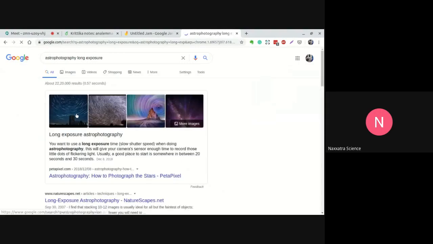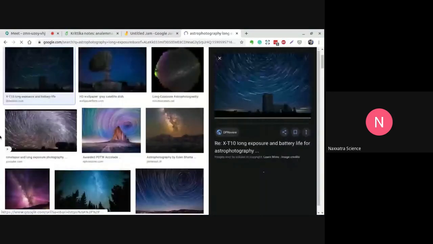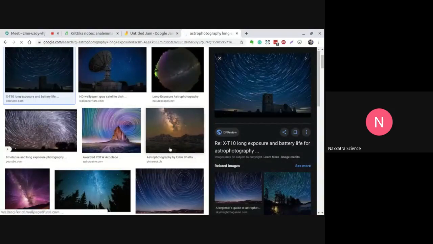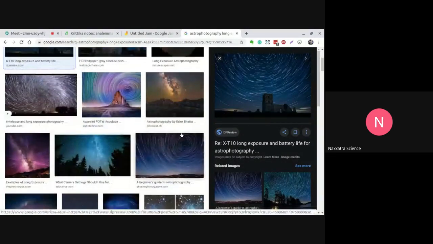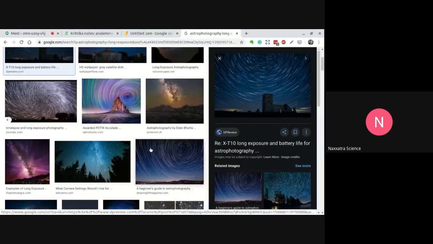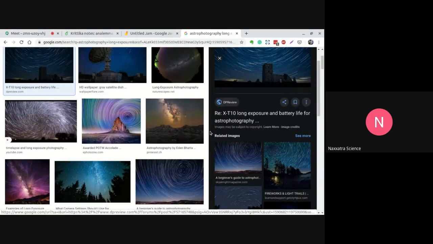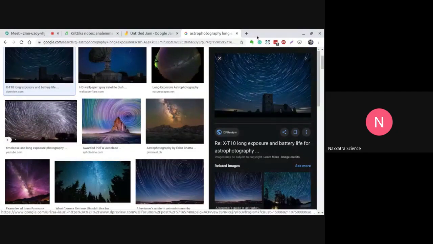So if you look at these long exposure astrophotography images, usually it looks like this. And you must be wondering, how is it defining these really big circles? And they really do look like giant circles. Why is that? Because actually each of these lines here is a circle defined by a single star.